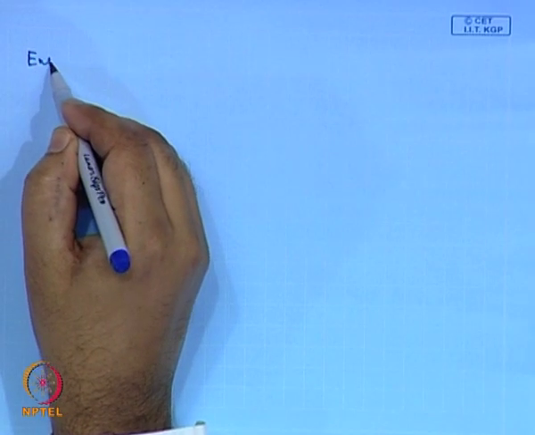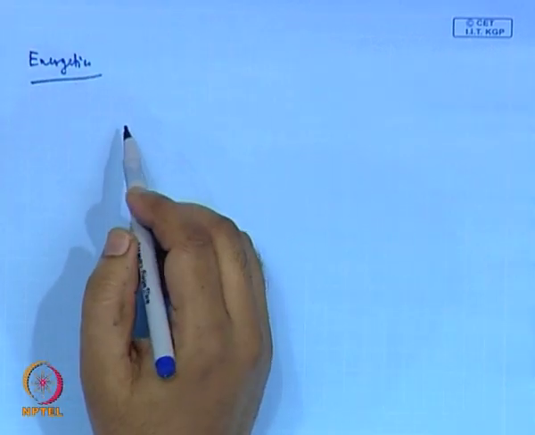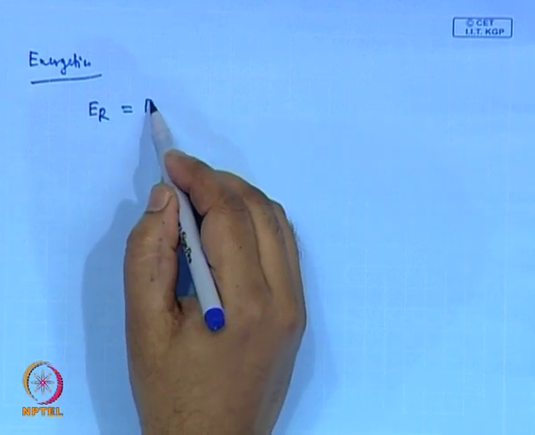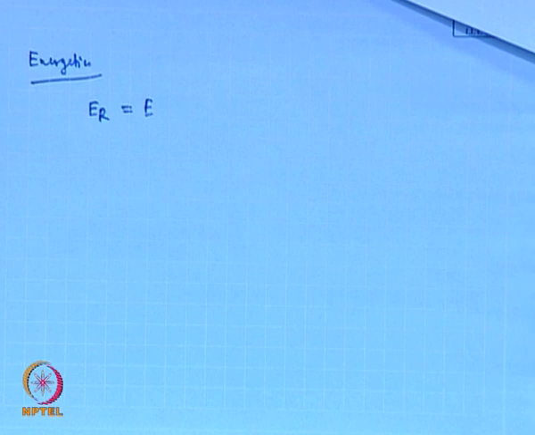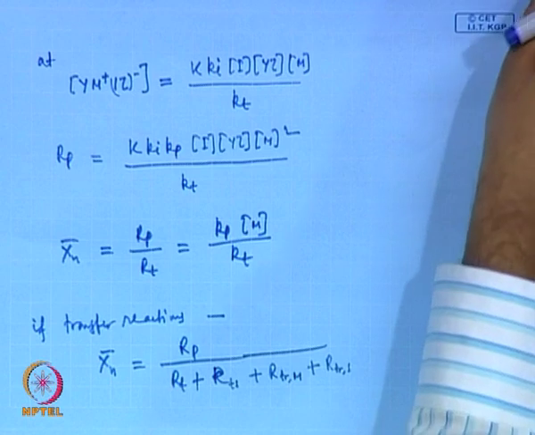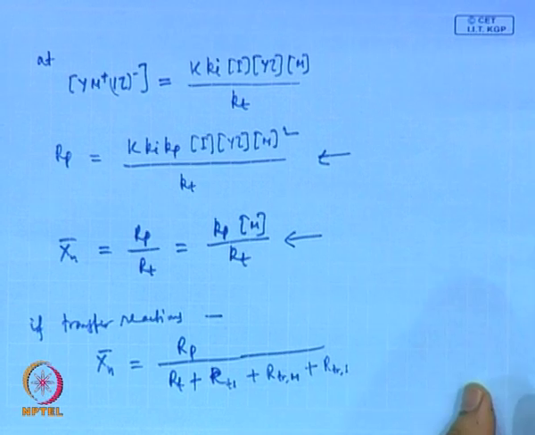So, let us talk about the energetics, which means the effect of temperature on the reaction rate and molecular weight. Like in case of radical polymerization, if you just recollect, this is the expression for your Rp, rate of polymerization, and this is the expression for your average degree of polymerization.